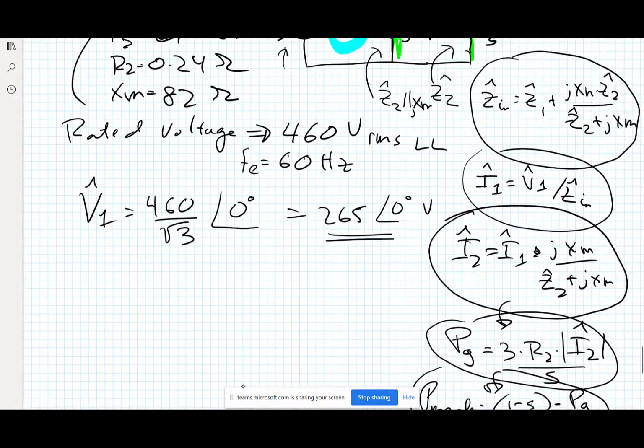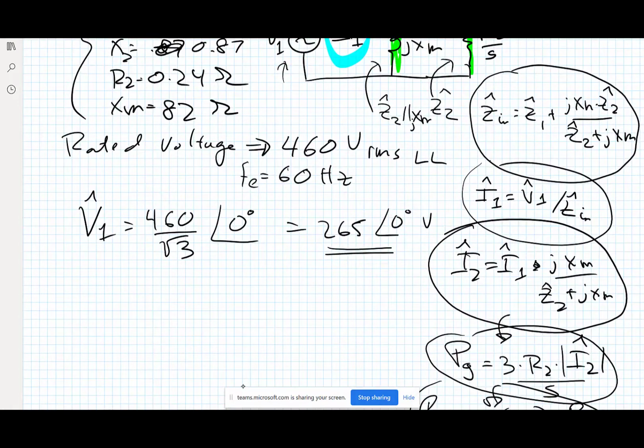I actually pre-calculated these, but I found Zin. Let me do one step here first. The first thing you do is find R2 over S. This is the biggest mistake that's made in exams.